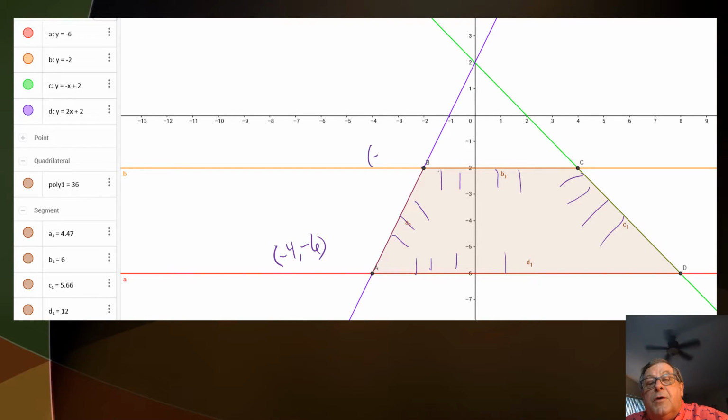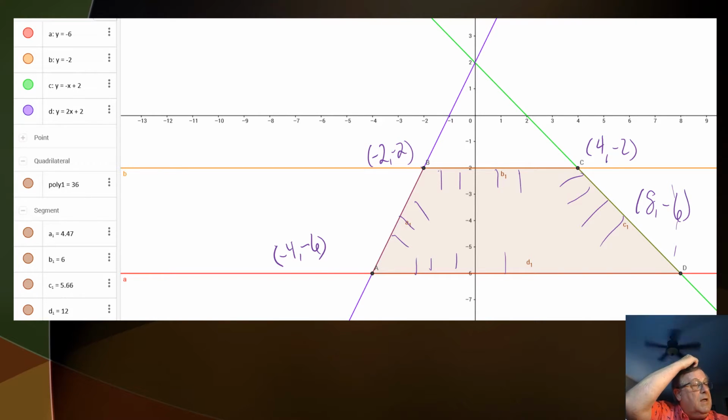So I've got (-2, -2). Then on the right side, when x is 4, y is -2. And down here, when x is 8, coming straight down through here, y is -6. So I have found my vertices.